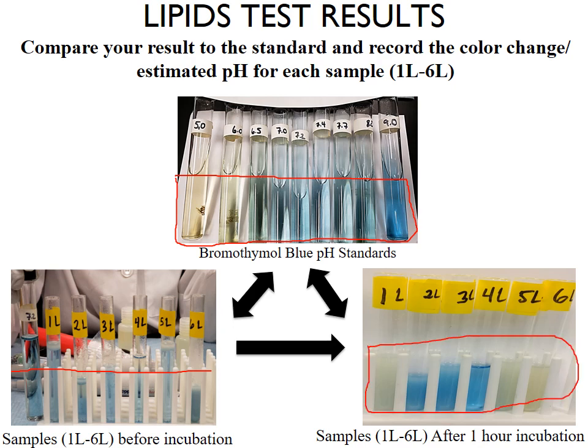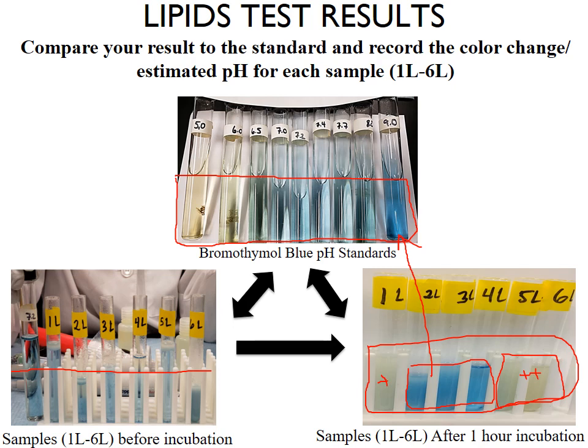And the same thing here, when you look at it after the incubation, you could see that 1L is turning yellowish in color, which shows you that there's some form of hydrolysis taking place there. 2L, 3L, and 4L still retain their bluish coloration, and in fact it's closer to what you have here compared to the 5L and the 6L, which is our positive control.